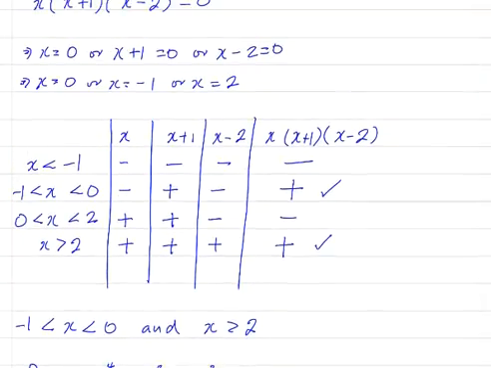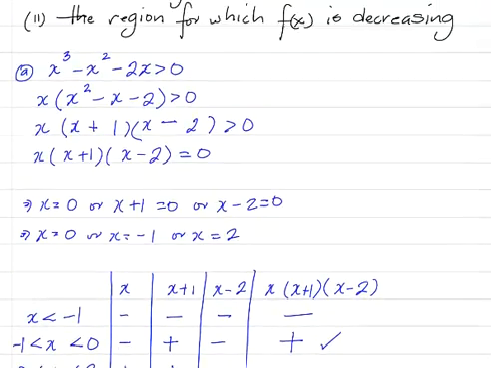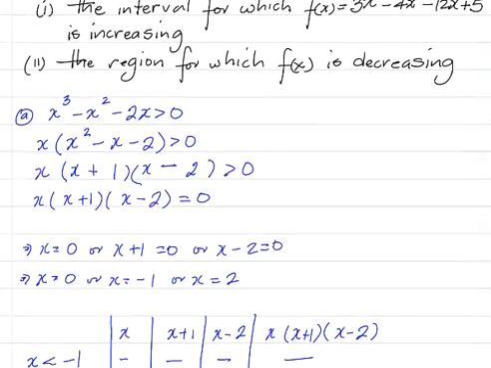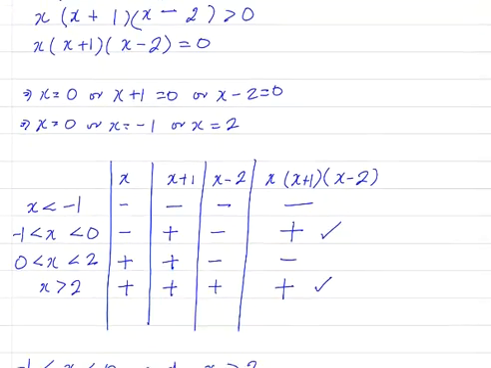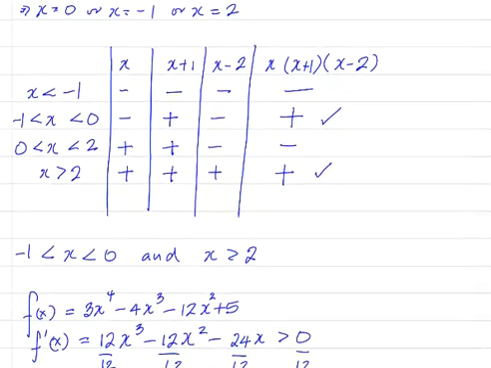And part II is asking for the region for which f of x is decreasing. So f of x will be decreasing when the first derivative is negative, and that would be here and here.